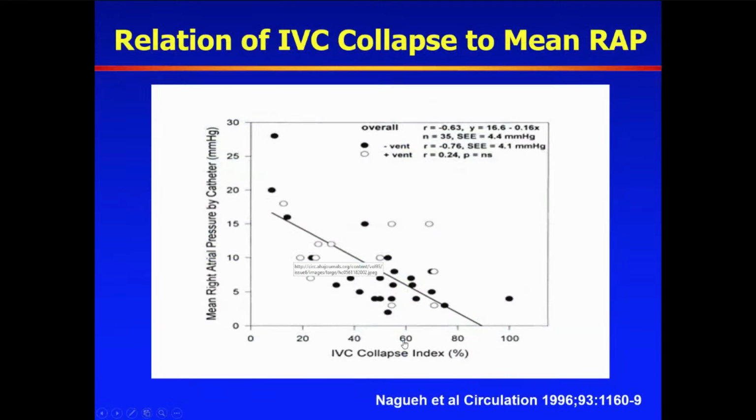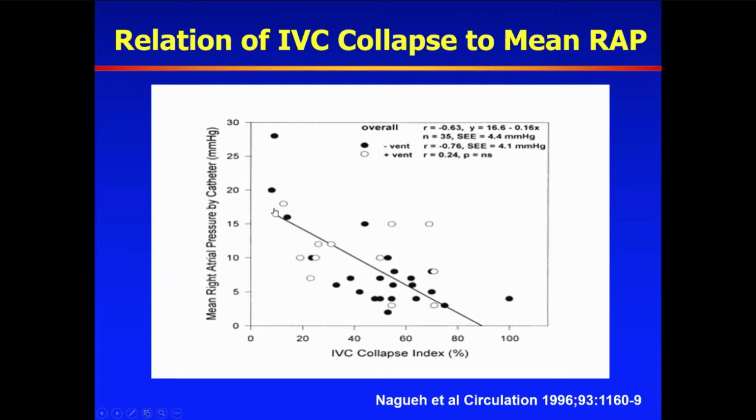If you look at the relation between this collapse index and mean right atrial pressure, and we pay attention to patients who are not on mechanical ventilation, so the solid circles, you see a significant association, albeit the standard error of estimate of mean right atrial pressure by this method is 4.1 millimeters mercury.